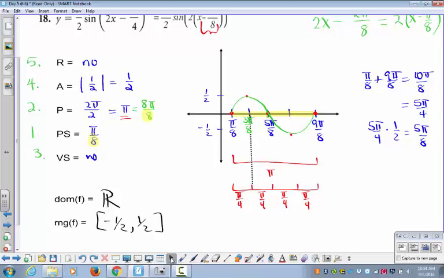So you could use the midpoint process, which would be pi over 8 plus 5 pi over 8, which gives 6 pi over 8, which reduces to 3 pi over 4. But then you divide by 1/2, which is the same as multiplying by 2, which gives you 6 pi.